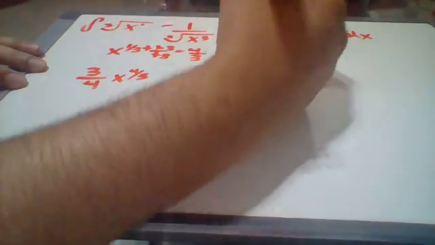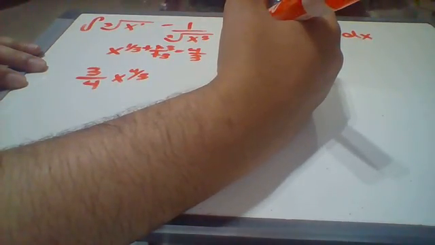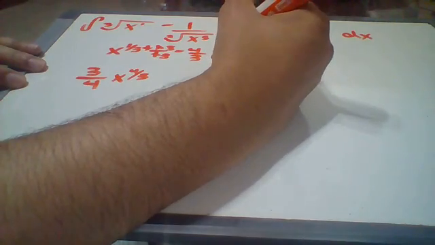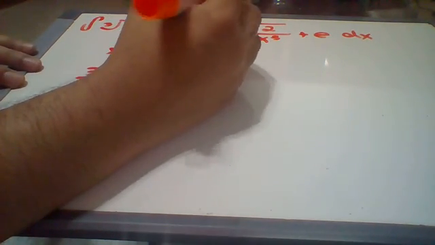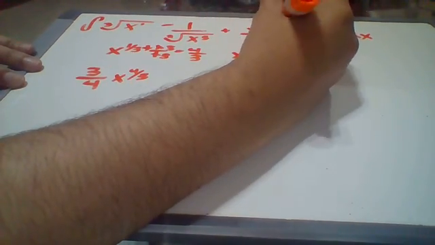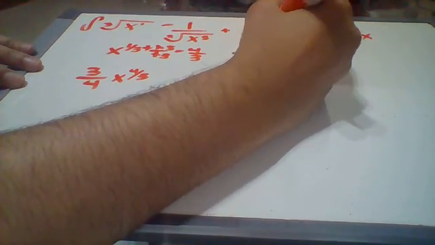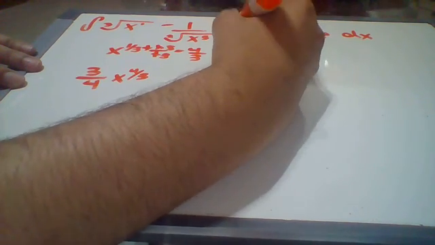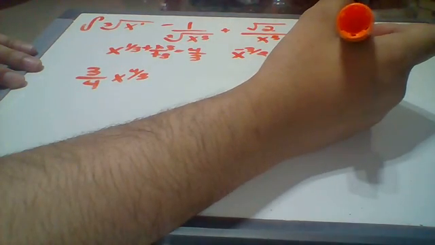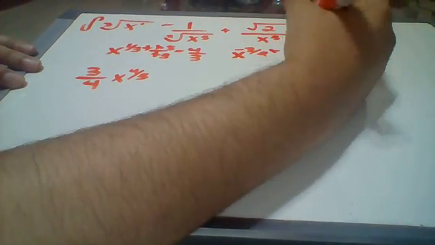For the next one, first of all the square root of x cubed, its exponent is x to the 3 halves, but because it's in the denominator, the exponent becomes negative. And I'm going to do the same thing, so I'm going to add 1 to it.